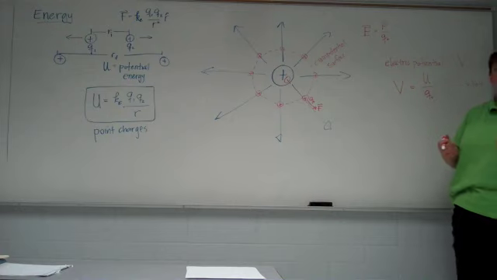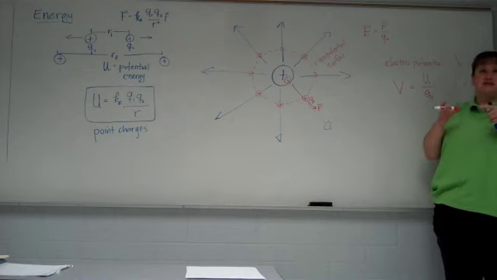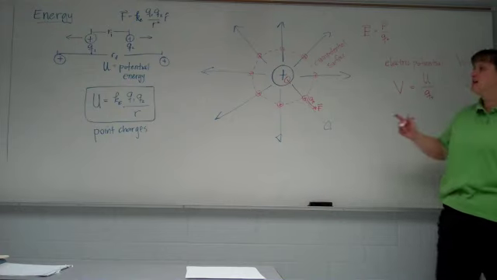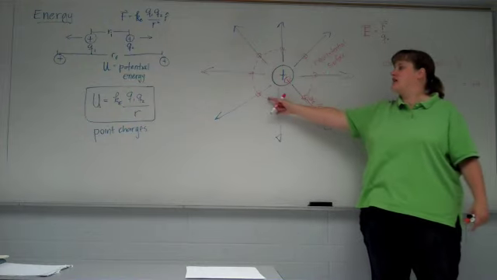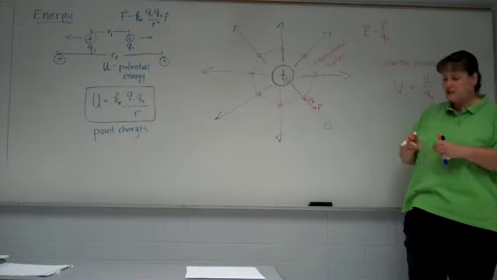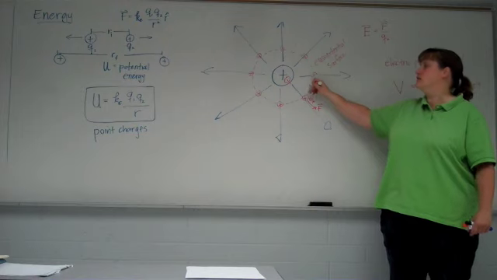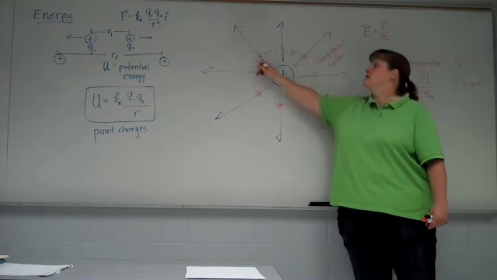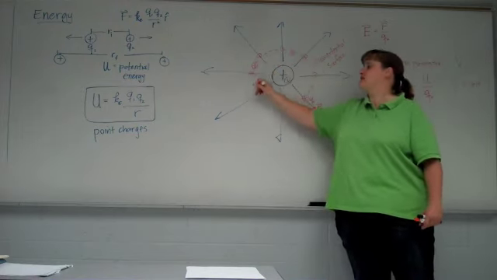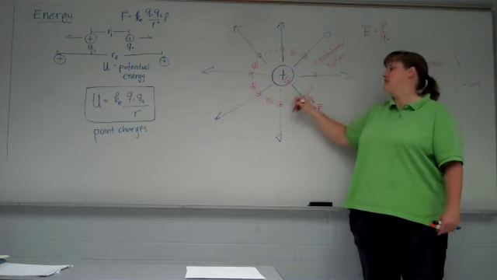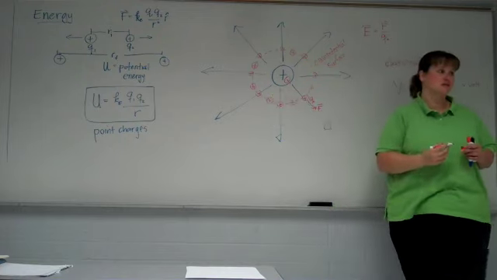The potential, you can think of it as the electric height being the same all along that line. So that means any charge placed anywhere on this surface will have the exact same amount of potential energy, no matter where I put it on that surface.